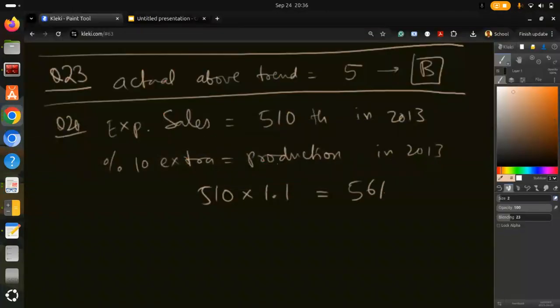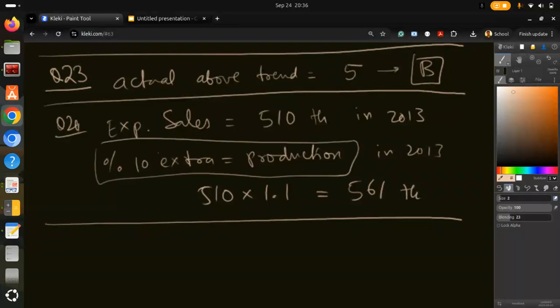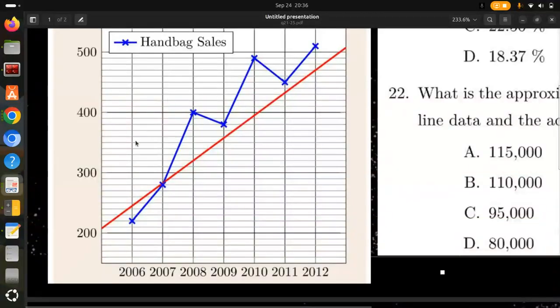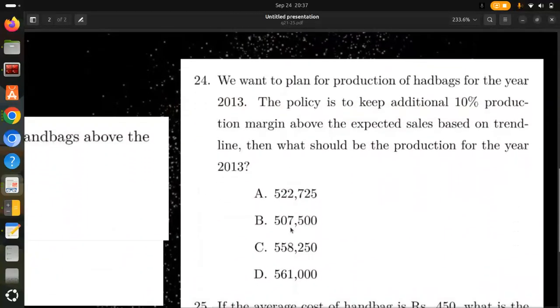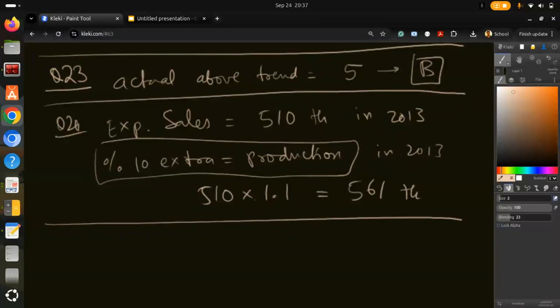So 561,000 units need to be produced in the year 2013 to match this requirement, which is 10% extra over the estimated sales. Let us see if 561,000 is in the answers. Yes, option D in question number 24 matches our requirement. Therefore the answer here is option D.